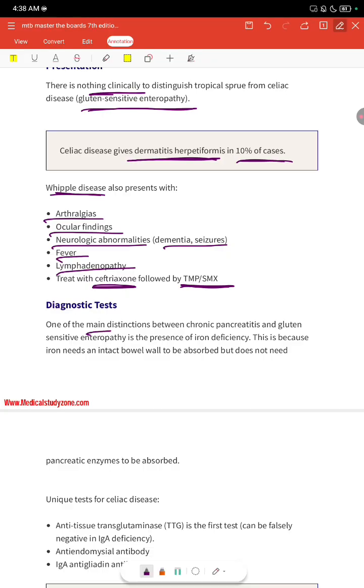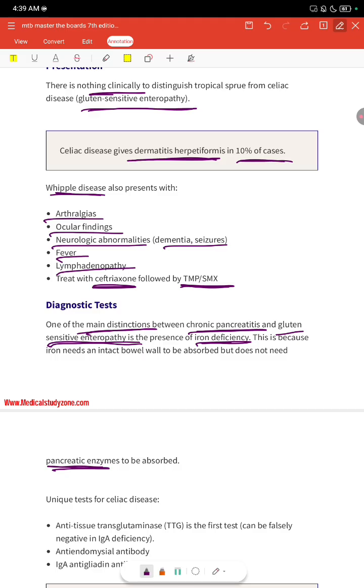So, in chronic pancreatitis, the problem is in the pancreatic enzymes, and the bowel wall is intact.